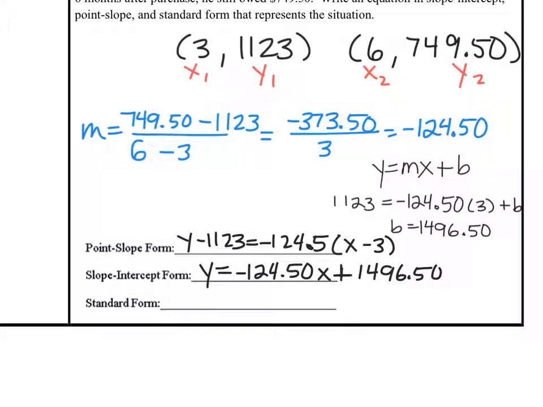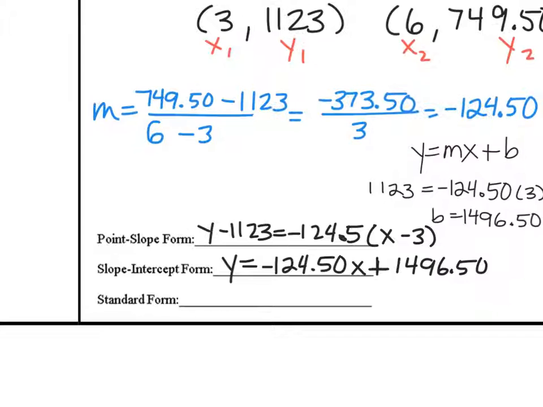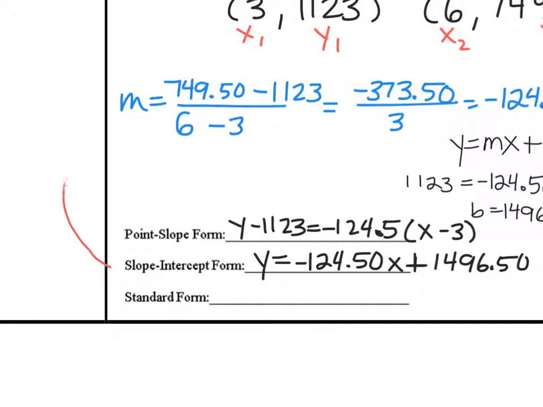And then standard form, we're going to take our slope-intercept form and go ahead and move it so the x and y are on the same side. So how would I do that? If I want x and y on the same side, Bella? Okay. Okay, we're not allowed to have decimals.